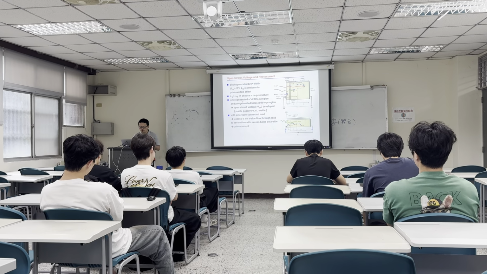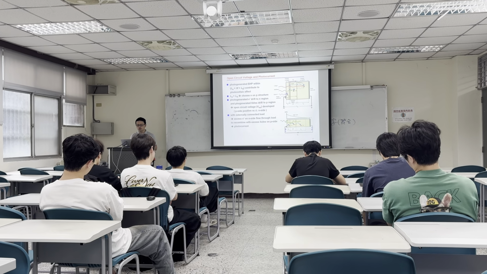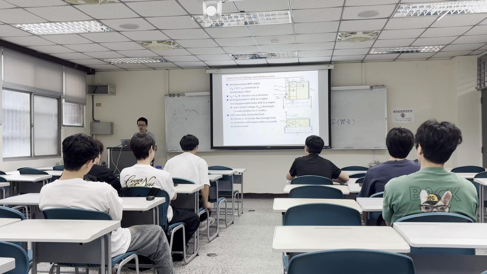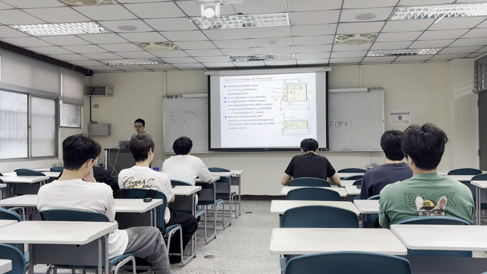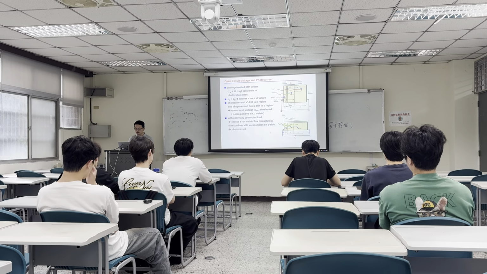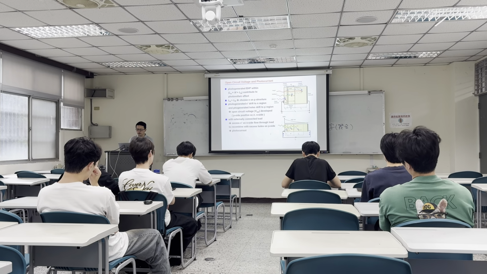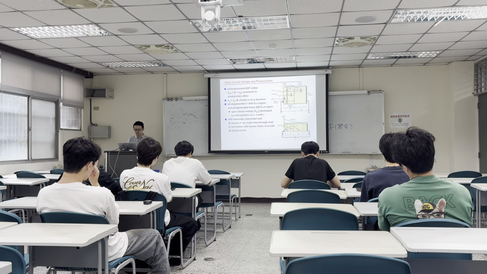Okay, so the photogenerated electrons drift to the N region, and the photogenerated holes drift to the P region, so that the electrons and holes could be collected as the photocurrent and the photovoltaic voltage.